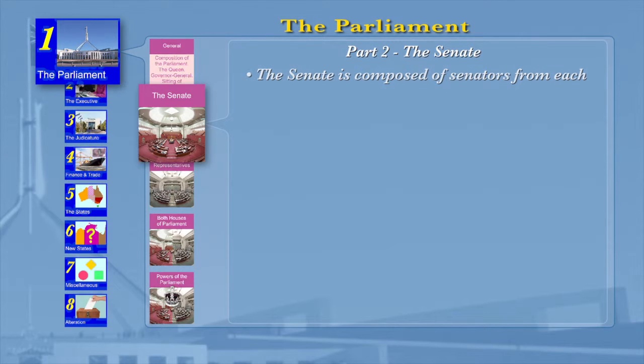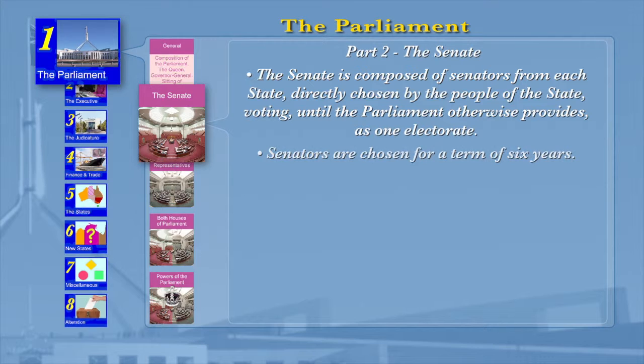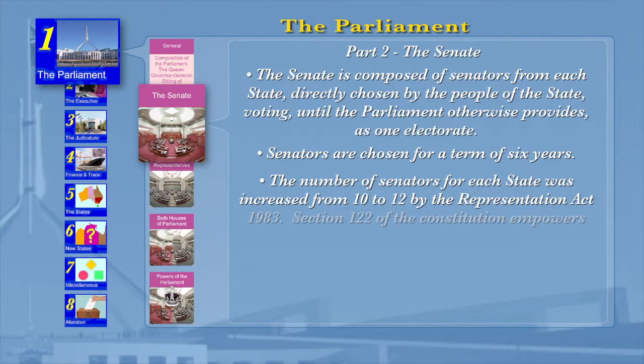The Senate is composed of senators from each state, directly chosen by the people of the state, voting, until the Parliament otherwise provides, as one electorate. Senators are chosen for a term of 6 years. The number of senators for each state was increased from 10 to 12 by the Representation Act 1983.